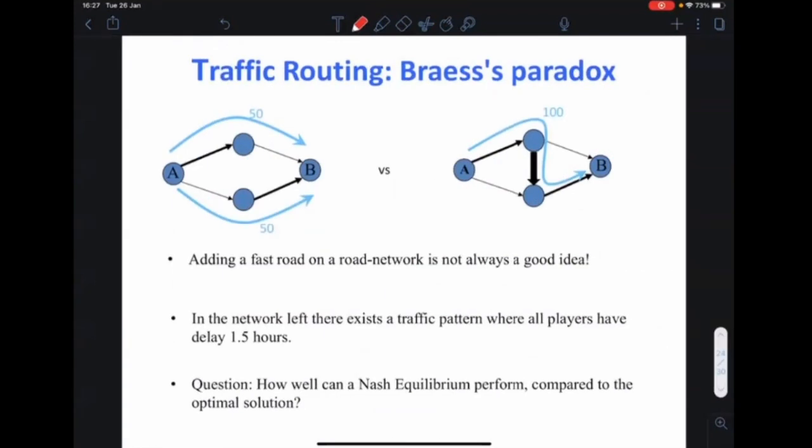So in this case, adding this fast road really doesn't help. So this is one of the paradoxes that has been heavily studied in the literature.